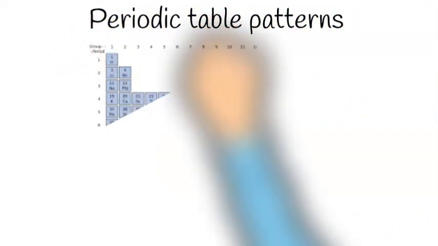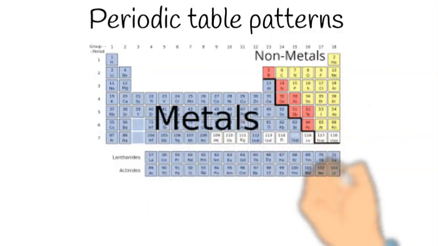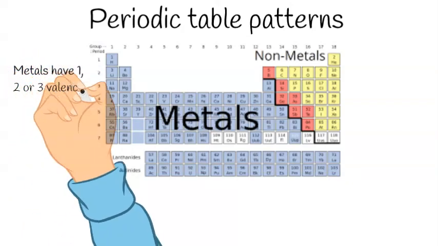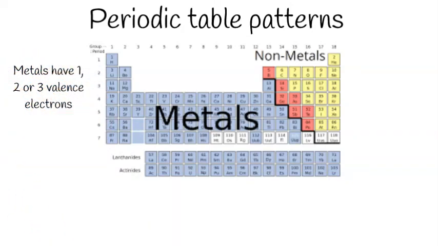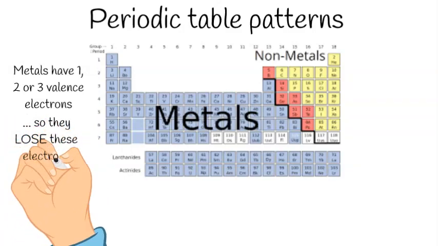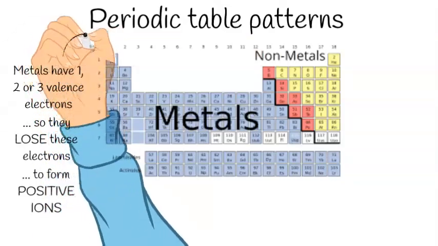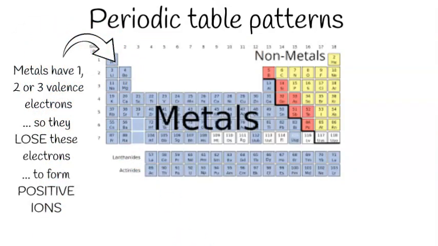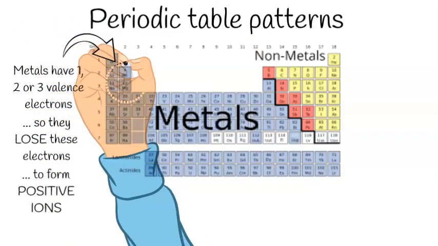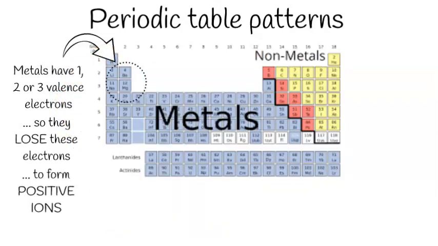Let's have a look at the general pattern of gaining and losing electrons, reflecting back to our metals and our non-metals on the left and right. The metals on the left-hand side have 1, 2 or 3 valence electrons, so they tend to lose these valence electrons to form positive ions, such as magnesium up here in group 2 with 2 valence electrons.